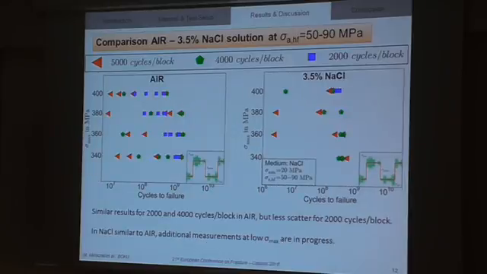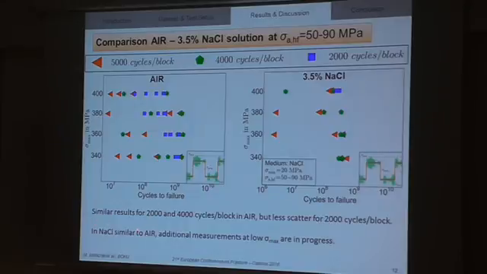Now to the results for 50 to 90 megapascal, left air, right sodium chloride solution. Similar results for 2000 and 4000 cycles, the green and the blue, but for the blue there is less scatter than for the green ones, and the red ones live shorter than the others.